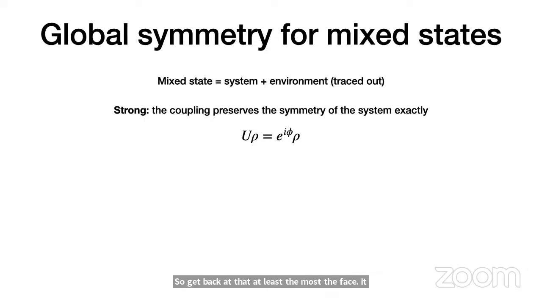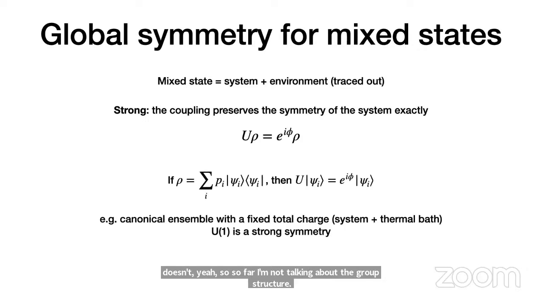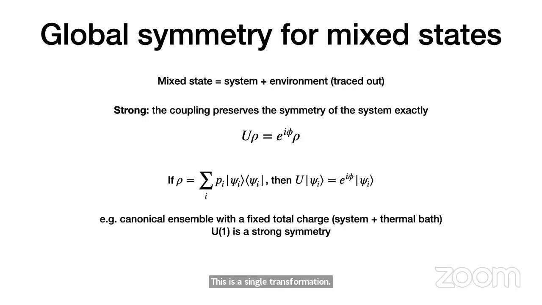So far I'm not talking about the group structure. This is a single transformation. More concretely, if you expand this rho as an ensemble of pure states, then acting U on each state in the ensemble, this state should be an eigenstate with the same phase. So all of them are eigenstates with the same eigenvalue.